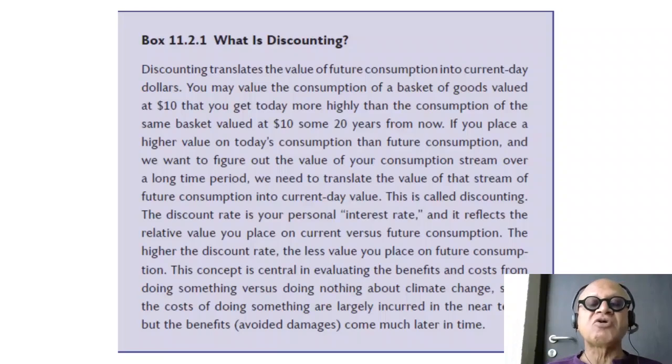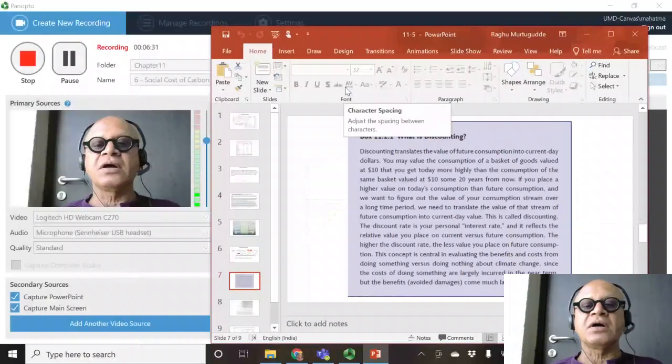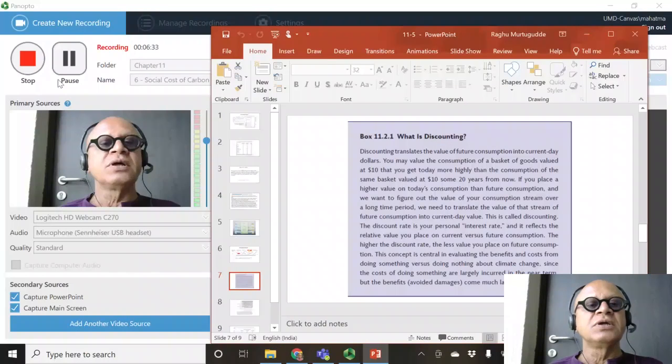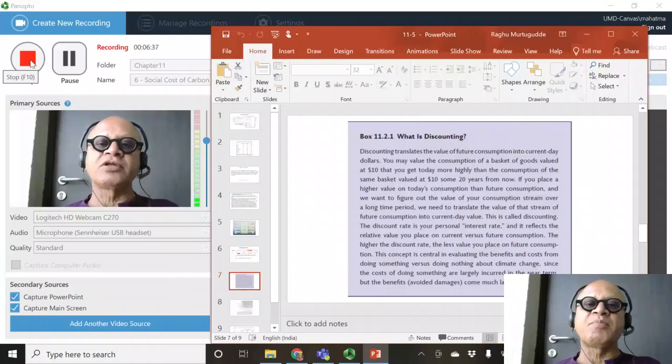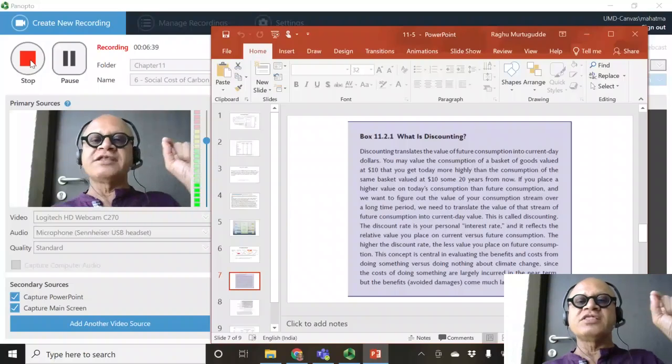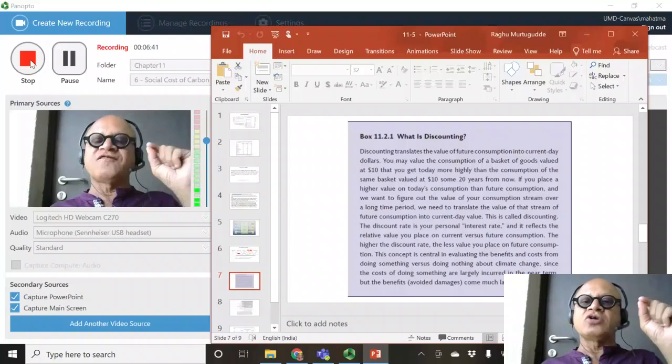So I mentioned discounting. What is discounting? Discounting basically translates the value of, maybe I should do this in the next module. Yeah, let me come back to discounting in the next podcast. But I hope you got the idea of the social cost of carbon.